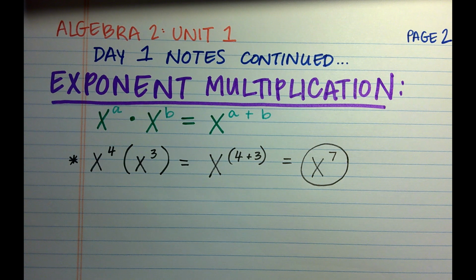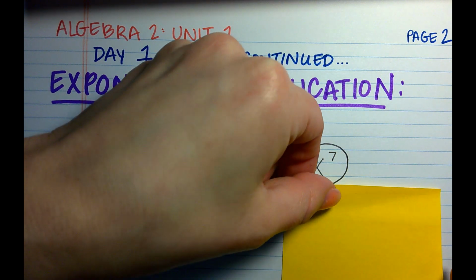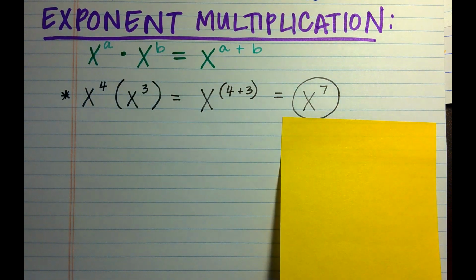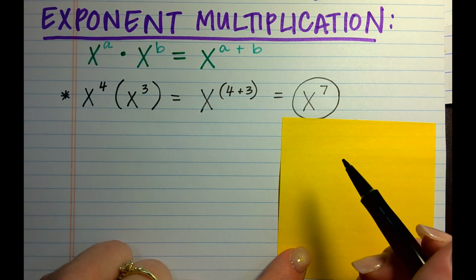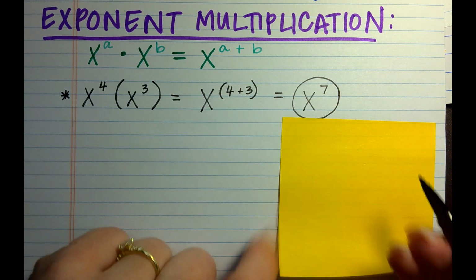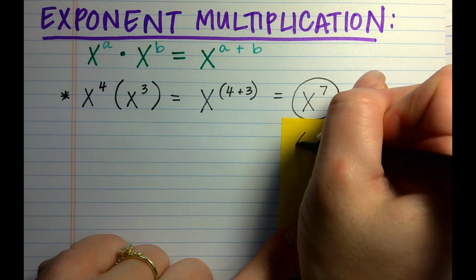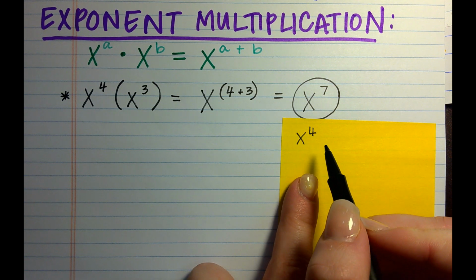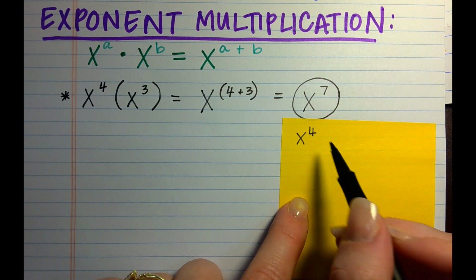Now I'm going to show you why that works. And this will be, again, a side note. So optional. If you see this and you're like, yep, that's good for me, great. If you're somebody that likes more of a visual explanation, this is for you. So whenever we have an exponent, for example, x to the 4th power, what does this really mean? 4 x's.